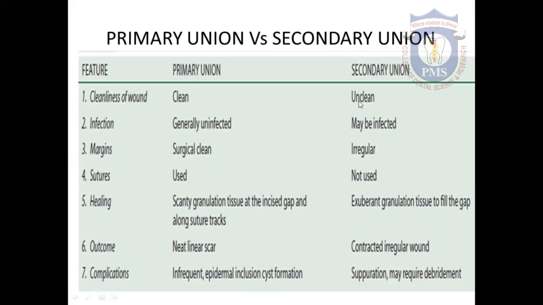The complications are infrequent in primary union. Epidermal inclusion cyst formation can occur in suture tracts if the epidermal lining in the suture tract is not reabsorbed completely. While in secondary union, complications are more frequently seen. The main complication is separation due to infection.